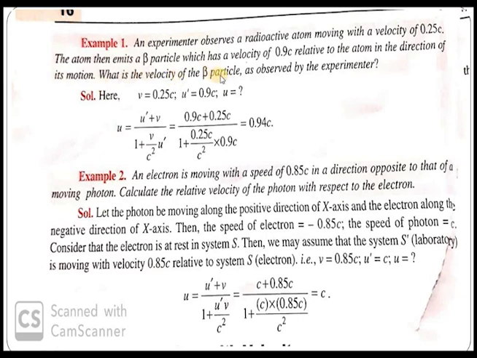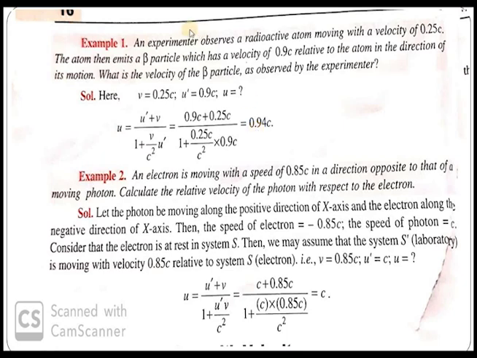We have the equation u = (u' + v) / (1 + v u'/c²). Here v is 0.25 c and u' is 0.9 c, and we have to find u. Substituting all these values, you will get 0.94 c.